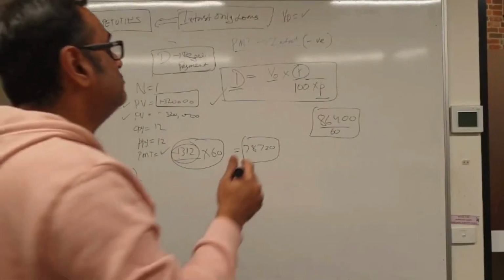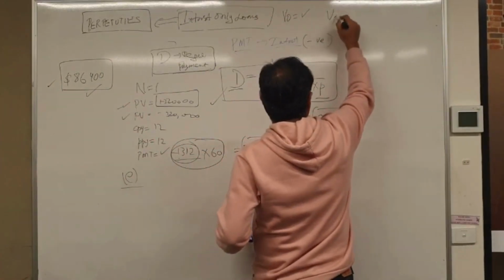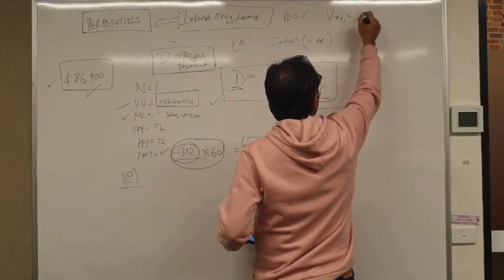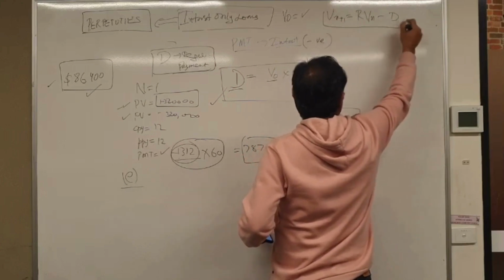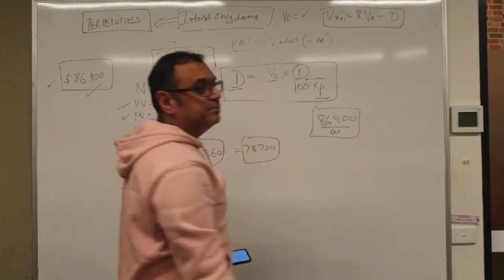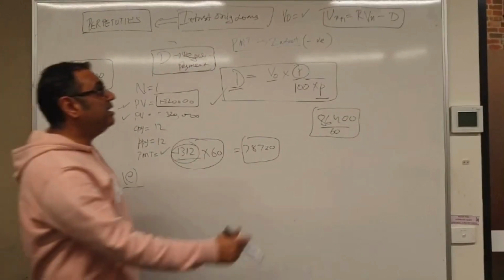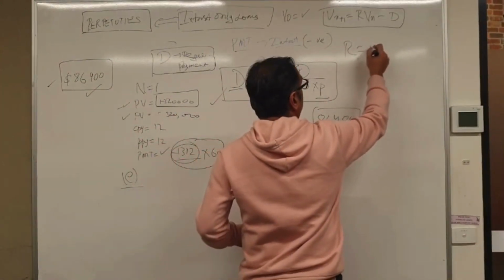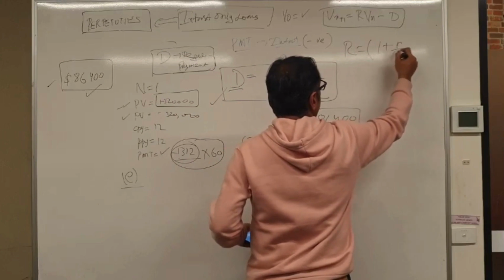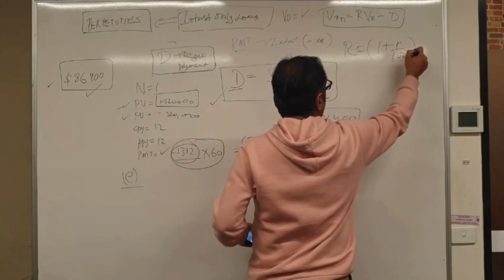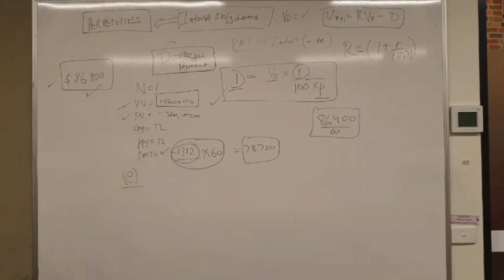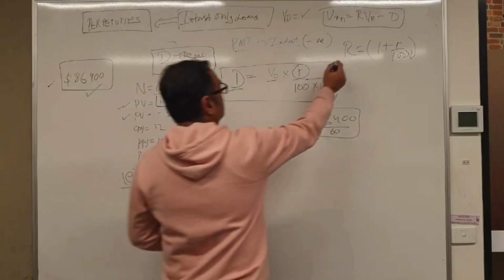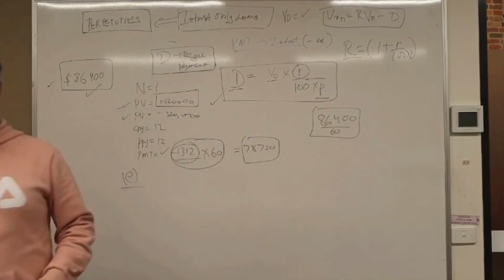So here, Vn plus 1 is R times Vn minus D, and D was your monthly payment. And what is R? R is 1 plus the rate of interest. R is the capital R. Does that make sense?